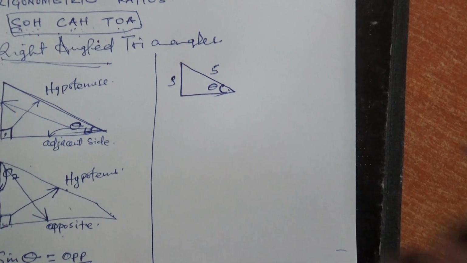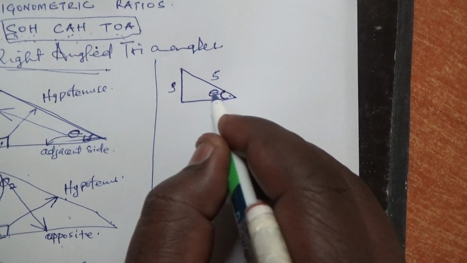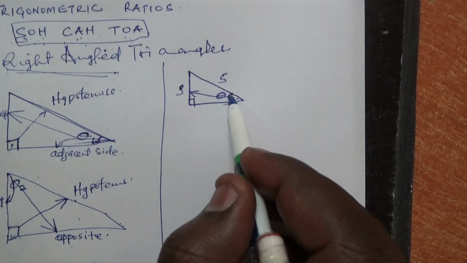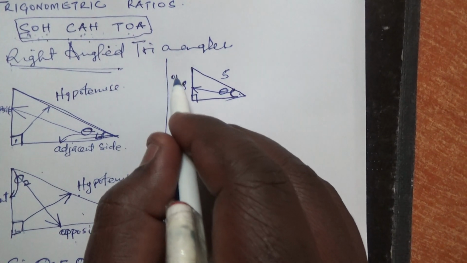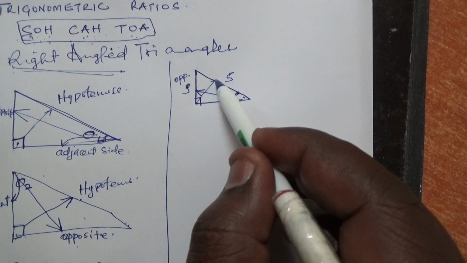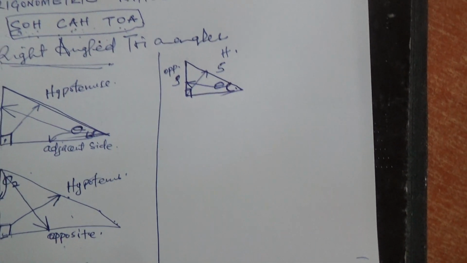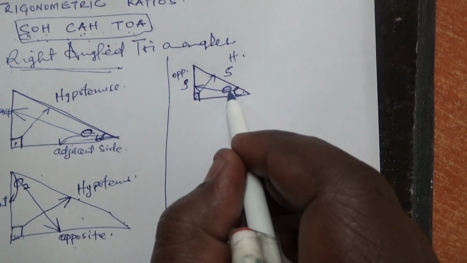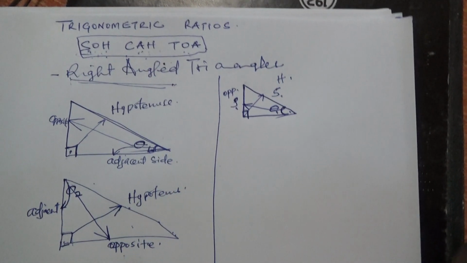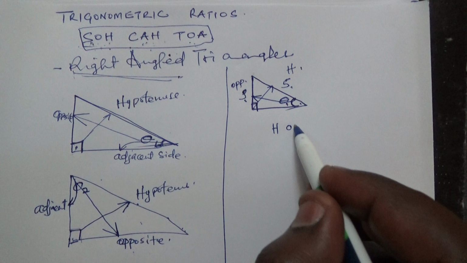From the relationship that we have, if this is the angle, then the one that is directly opposite is the opposite side, and the one that is directly opposite the right angle is the hypotenuse. So now we have an angle, we have the hypotenuse and the opposite side.